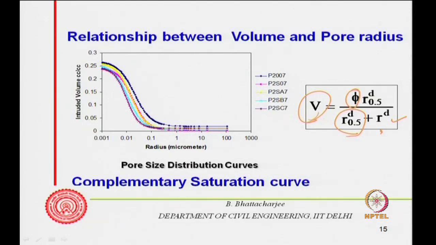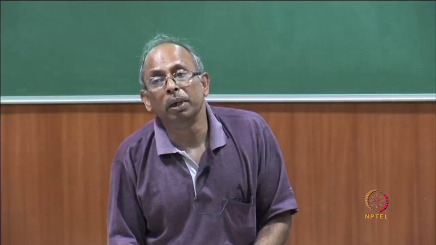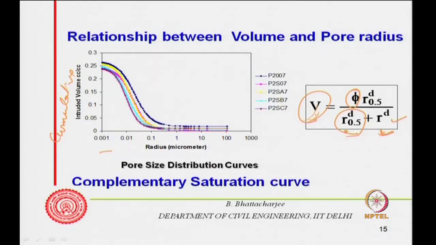V is the cumulative porosity at any point, the intruded volume from mercury intrusion porosimetry, cumulative from small pore size to larger pore size, and it can be related to the mean distribution radius and overall porosity.